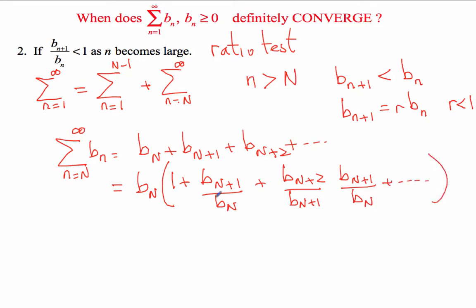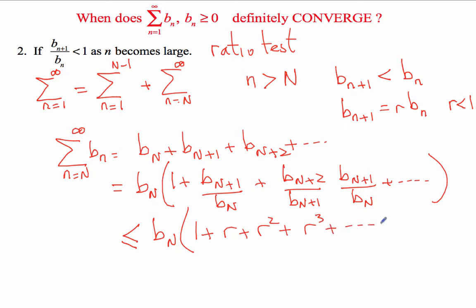So this is an infinite series. Now the point is that BN plus 1 over BN is less than or equal to r. So this is less than or equal to BN times 1 plus r plus r squared plus r cubed, etc.